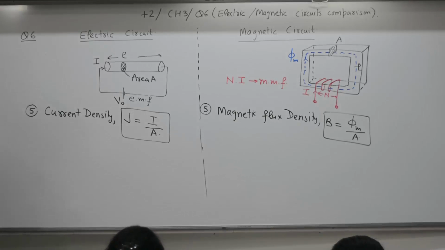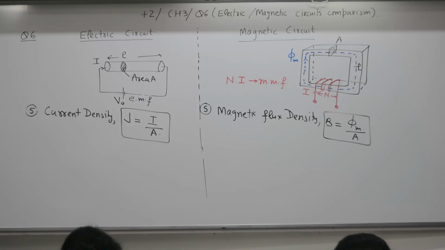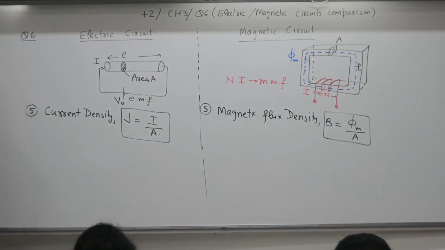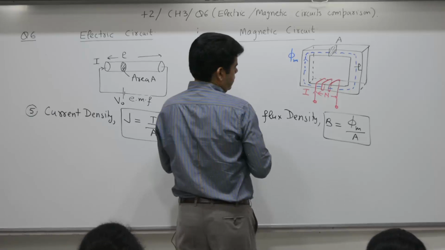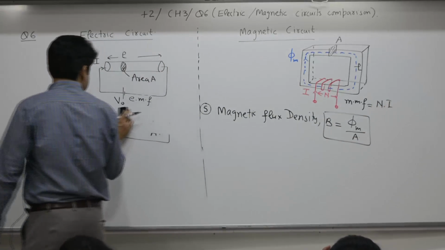Magnetic flux by area. MMF is equal to NI.